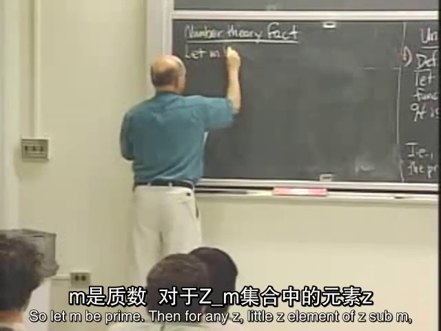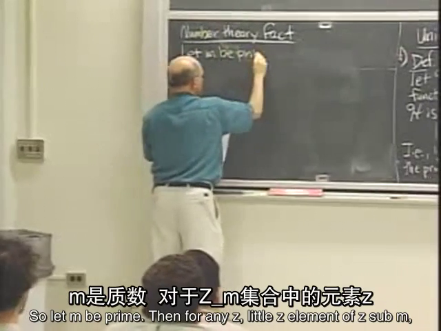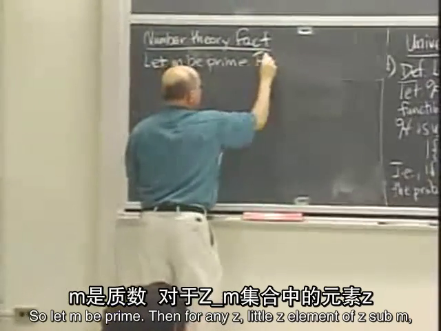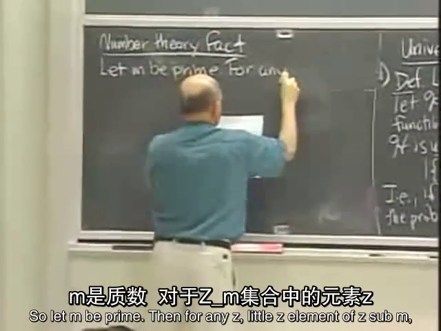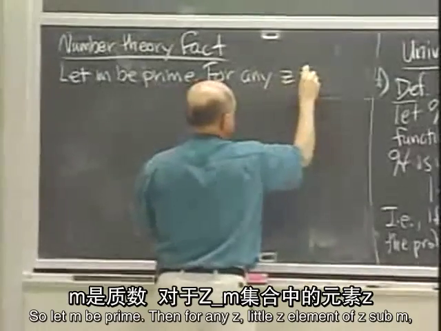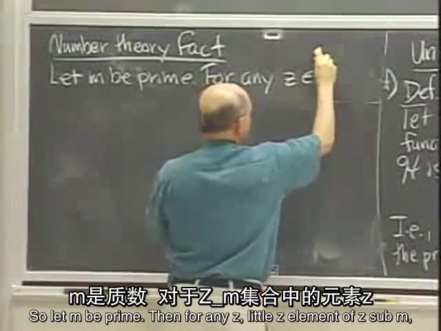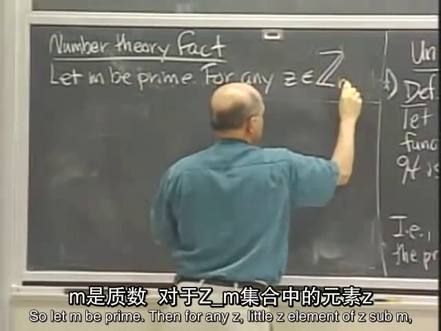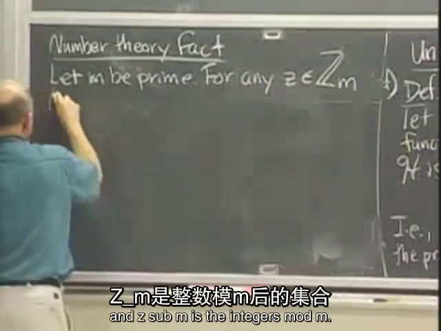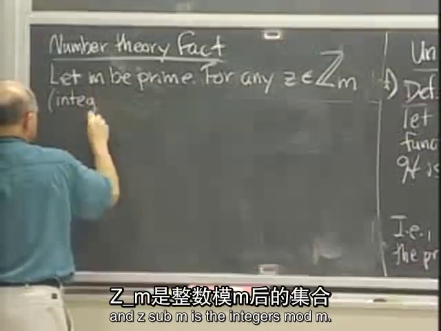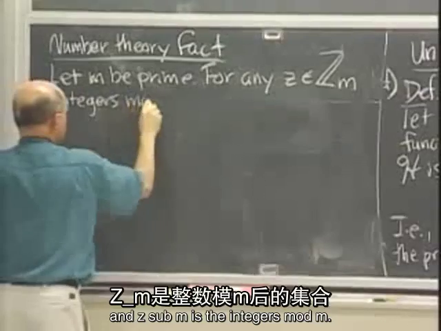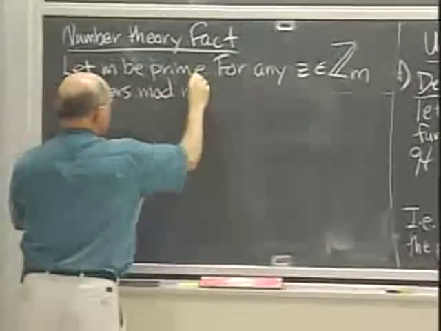So let m be prime. Then for any z, little z, an element of Z sub m, and Z sub m is the integers mod m.